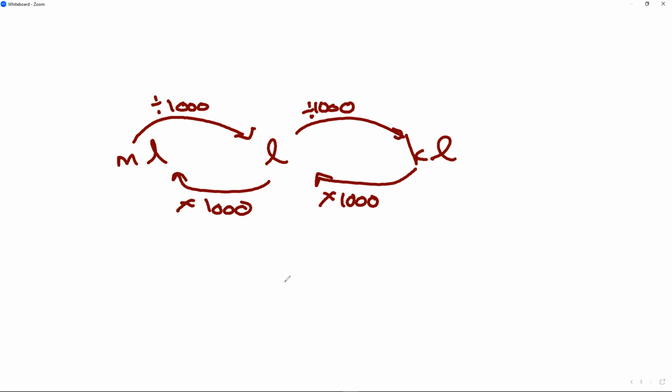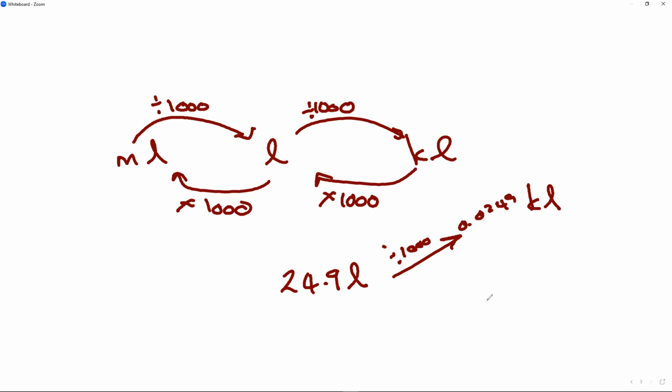And so if I have 24.9 liters, and I want to convert it into kiloliters, I know that I have to divide by 1,000. So that becomes 0.0249. And if I want to go from liters to milliliters, I have to multiply by 1,000.